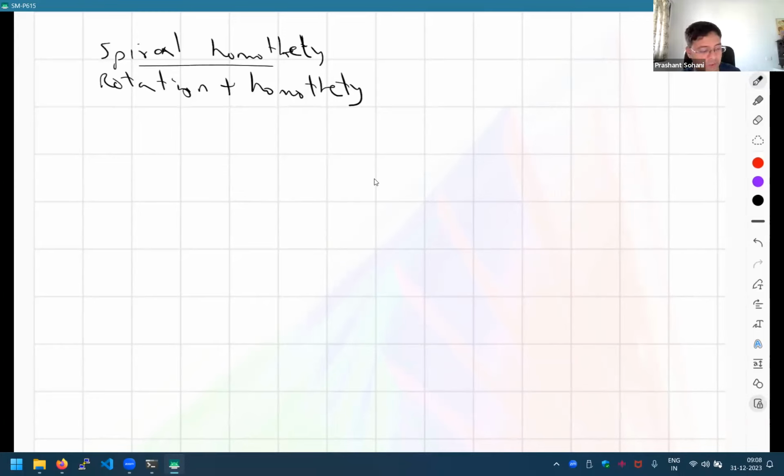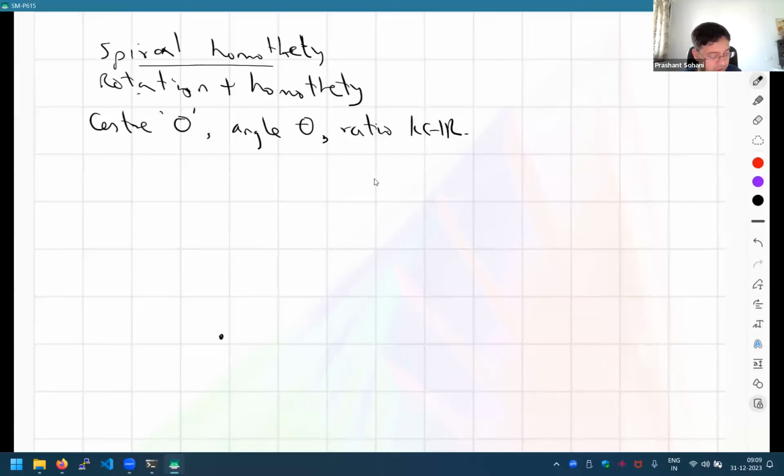To define a spiral homothety, you need to know the center around which you will do the operation, and both the rotation and homothety have to be done around the same point. Then you need to know the angle of rotation, how much angle you are going to apply. And then finally, you need to know the ratio of the dilation. If you know these three things, then you can define this operation.